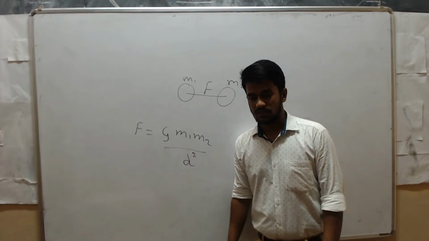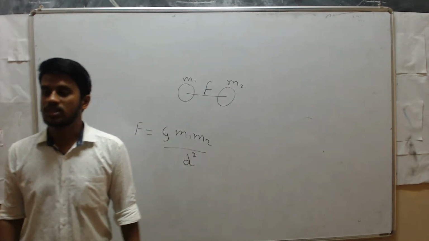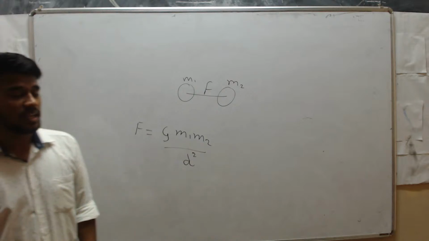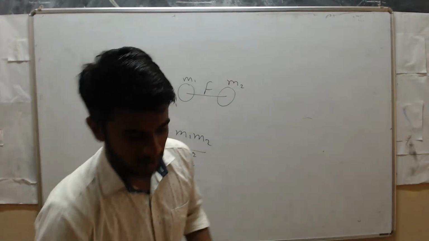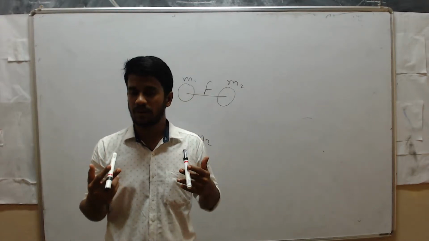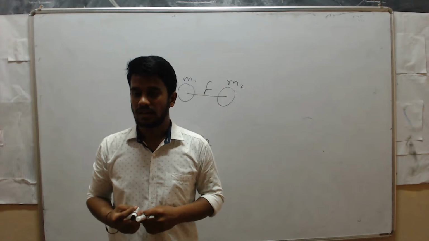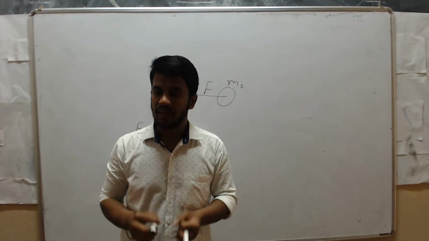You can ask, sir, why? What is the statement of the universal law of gravitation? In this universe, all the objects attract other objects. Suppose I have two markers. If I keep them on the table, they won't attract, right? Why? That is due to the frictional force and air resistance.